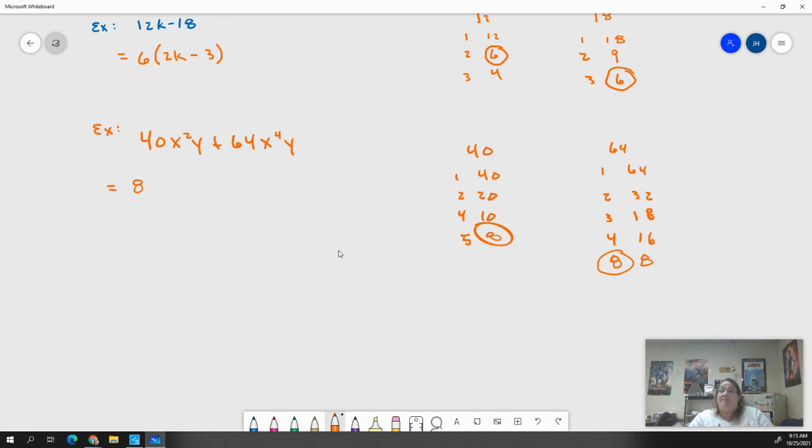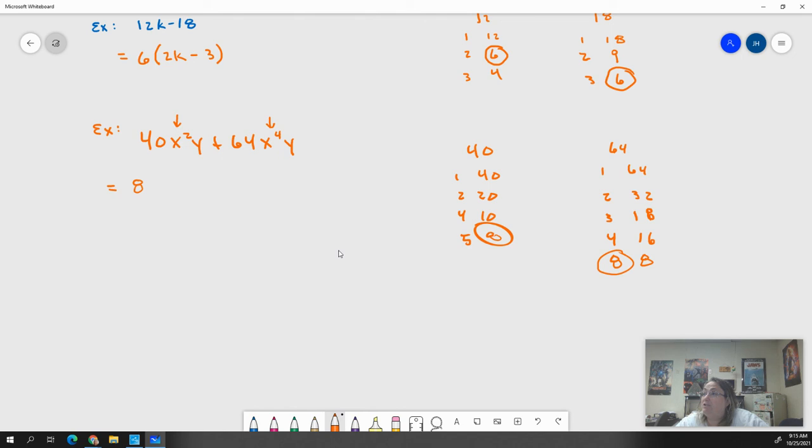But now we also have X values and we have Y values, and they both have that, right? So this one has 2 X's and this one has 4 X's. If everything has an X component, I can pull out as many as the least one has.